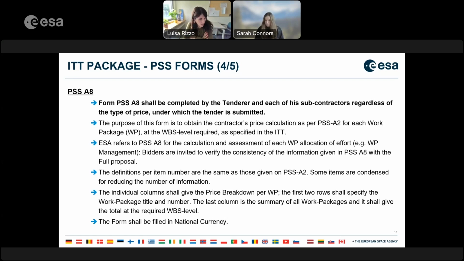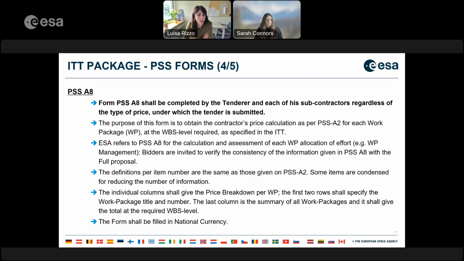On this regard, let me clarify one thing and draw your attention to this point. Most of the times, and of course I'm talking during this presentation from a contracts officer point of view, the PSS A8 is also very useful for us to evaluate and assess the overall allocation of effort for the work package dedicated to management.